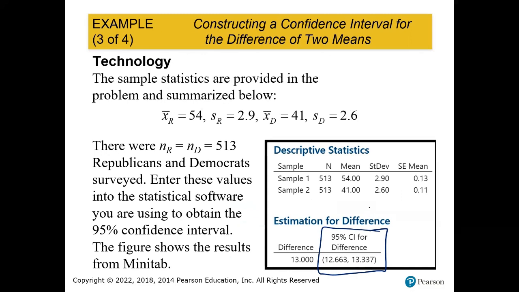And then if we were to explain this, we are 95% confident the mean difference in cents wasted per dollar between Republican and Democrat is somewhere between 12.66 and 13.33. We'll see how they say it here.